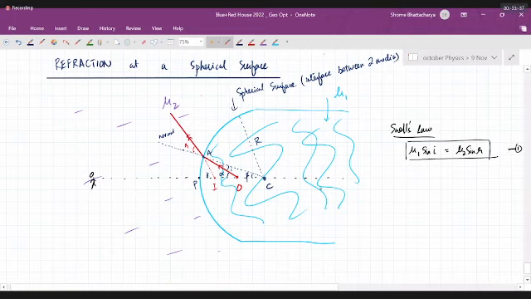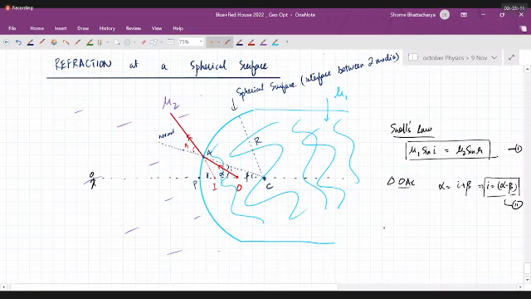Now you can see that in this triangle OAC, we have alpha is equal to I plus beta, or I can be expressed as alpha minus beta. So this becomes our second equation.